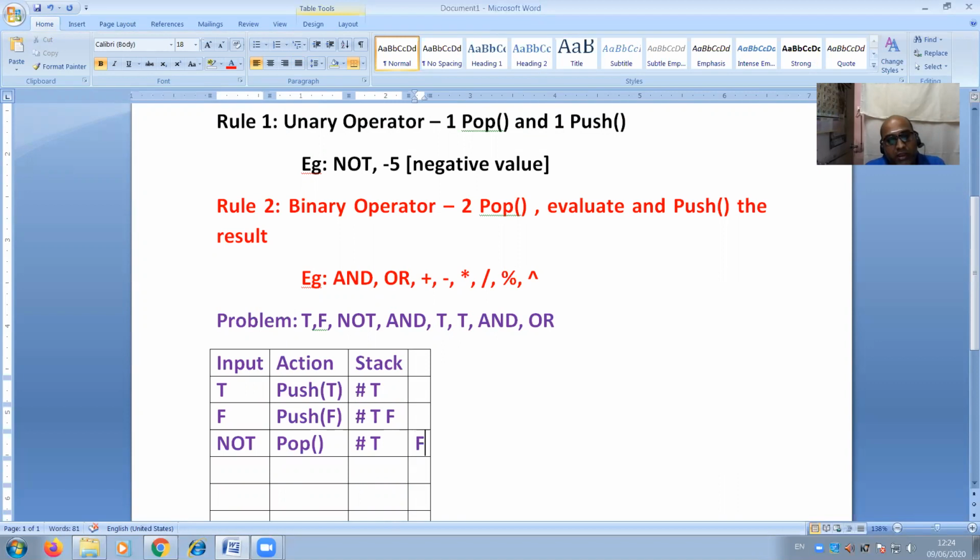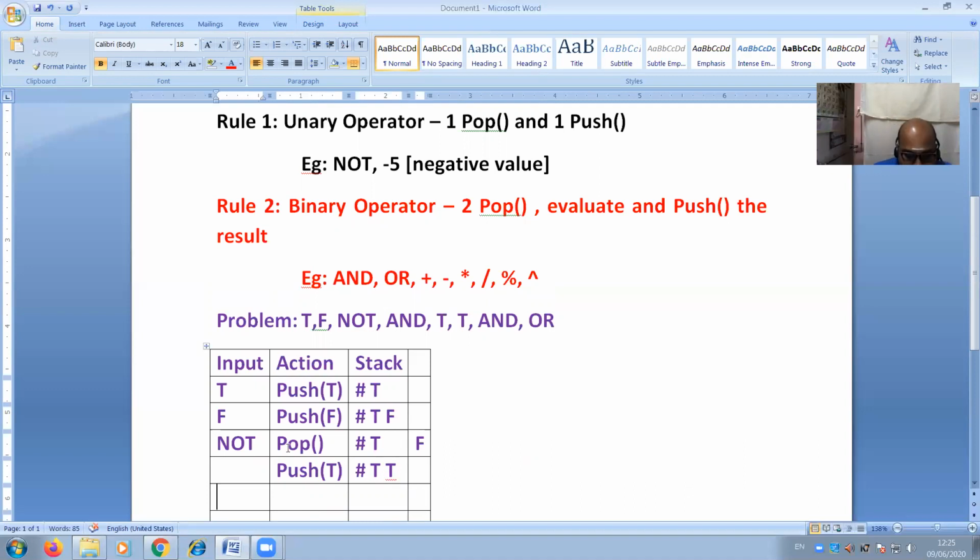Since a unary operator is operating on one value, I'll be writing just the complement of false, which is true, and this is being pushed again on top of the stack, that is, it replaces the false value there.